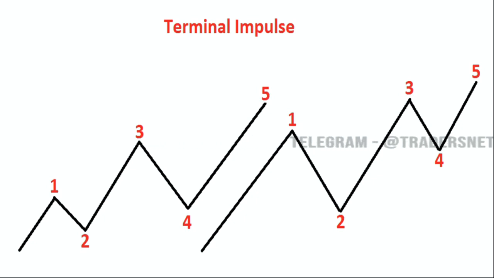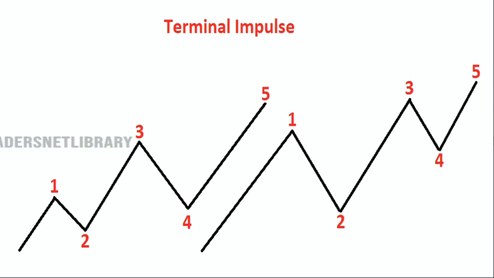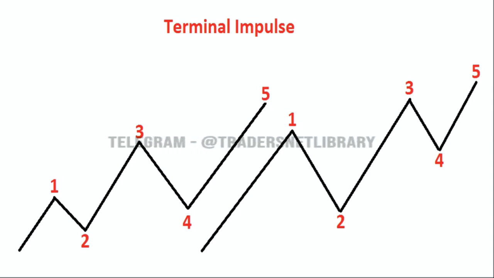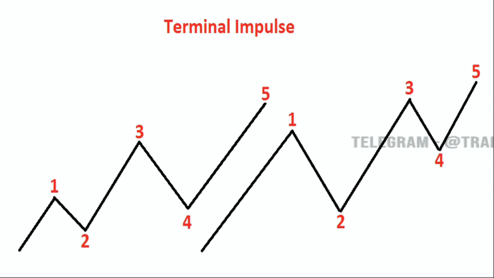But in the terminal impulse structure, we have a structure of 3-3-3-3-3, which means that wave 1 consists of 3 subwaves, wave 2 consists of 3 subwaves, wave 3 consists of 3 subwaves, wave 4 consists of 3 subwaves, wave 5 consists of 3 subwaves.